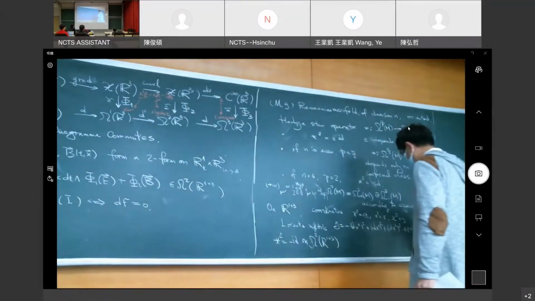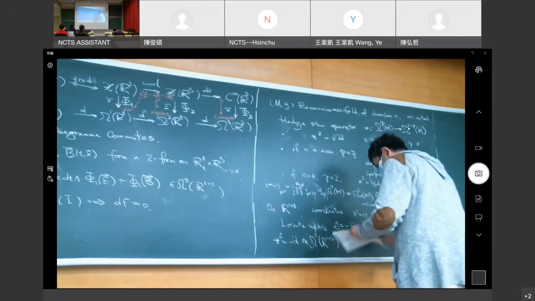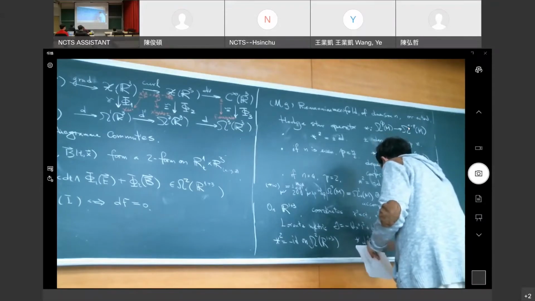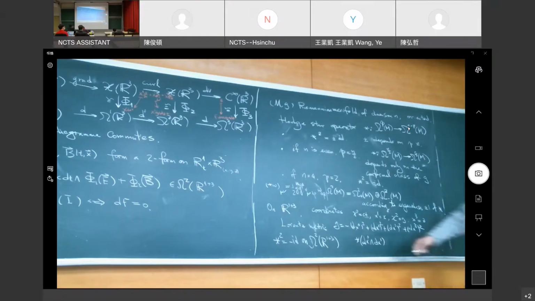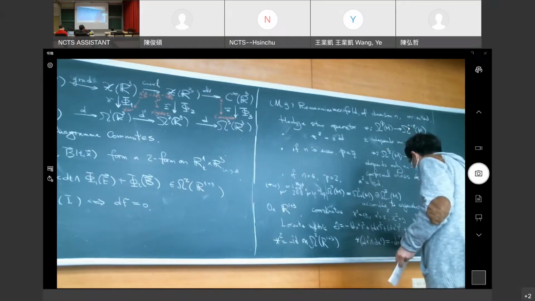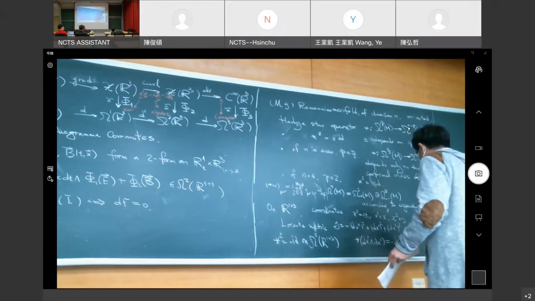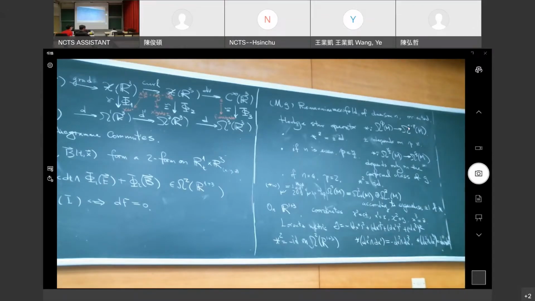Now, in order to be explicit, let me show you a few calculations on the 2-forms. If you follow this definition, then you can compute it. You find out that there's a minus sign here, and if you then do the Hodge star of dx2 wedge dx3, you have dx0 wedge dx1 with no minus sign.